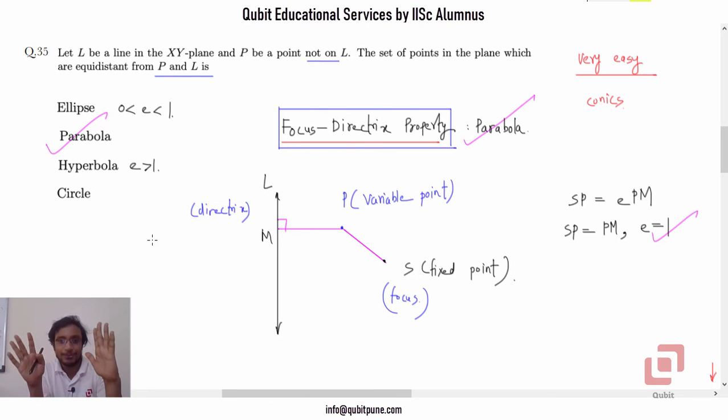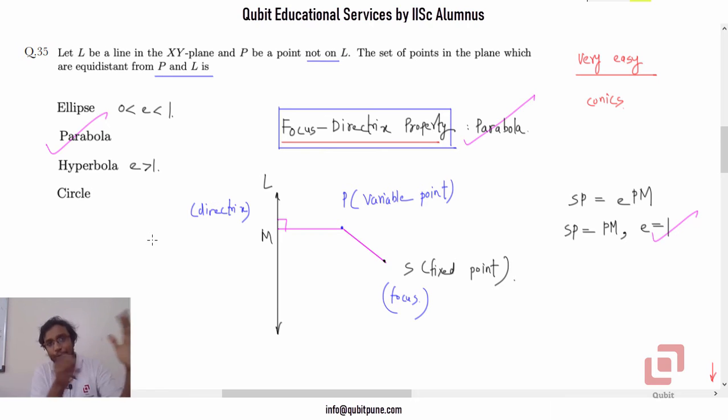They just want you to know the focus directrix property as far as this problem is concerned. I've seen many students focusing more on the numerical part of the conic sections or in general anything, but this is the basic. Focus directrix property is the basic property of all conic sections, so you should also know it.